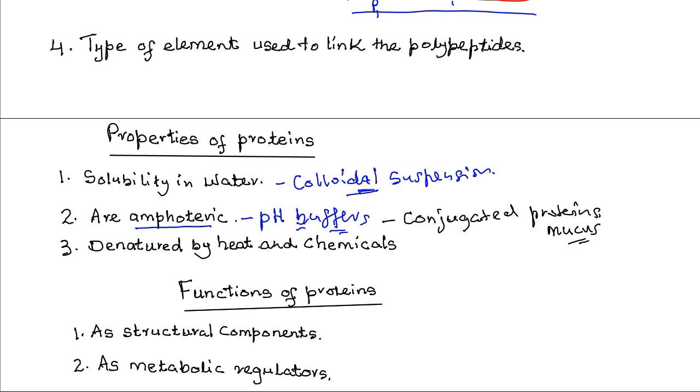A third property of proteins is their sensitivity to high temperatures and extreme pH. When exposed to excess heat, usually above 40 degrees C, proteins become denatured.